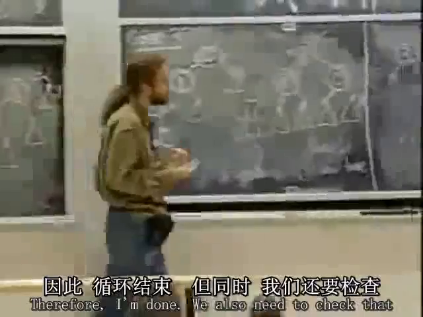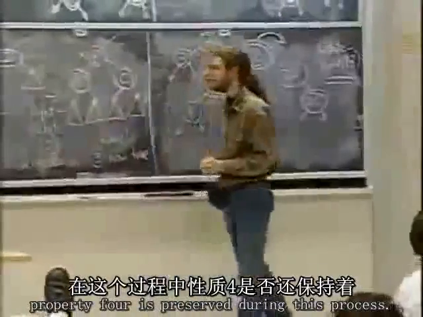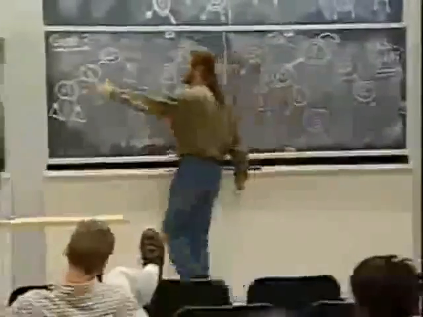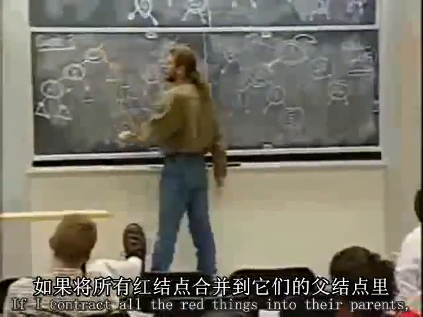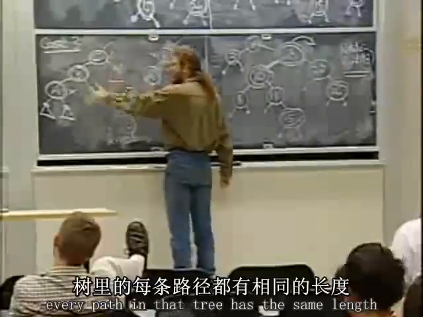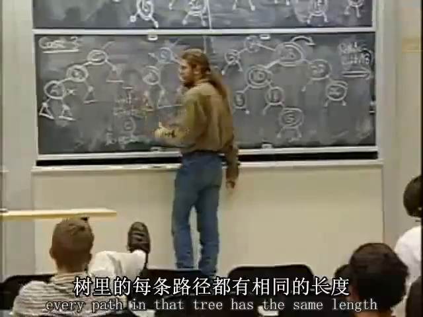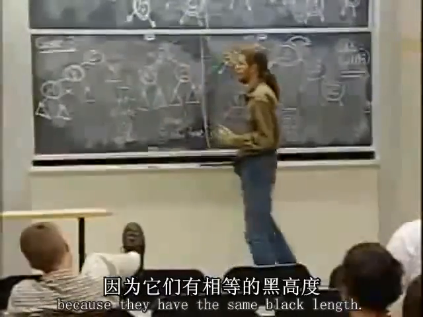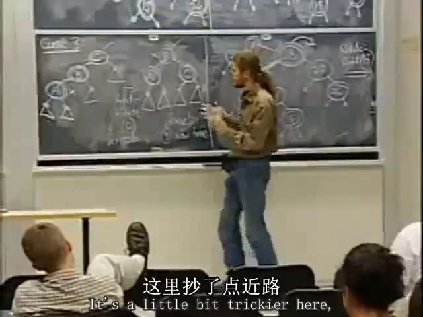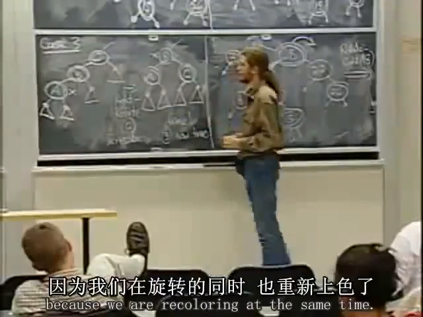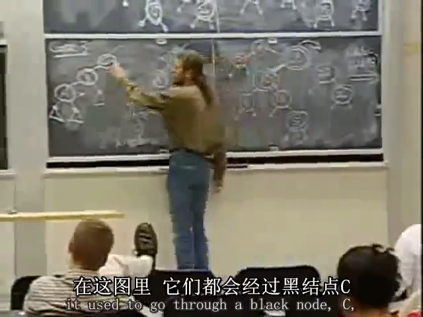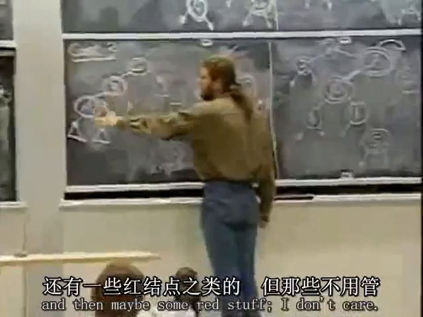We also need to check that property 4 is preserved during this process. Again, it's not hard because of the 2, 3, 4 tree transformation. If I contract all the red things into their parents, every path in that tree has the same length because they have the same black length. And over here, that will still be true. It's a little bit trickier here because we're recoloring at the same time. But if you look at a path that comes through this tree, it used to go through a black node C, and then maybe some red stuff, but I don't care.